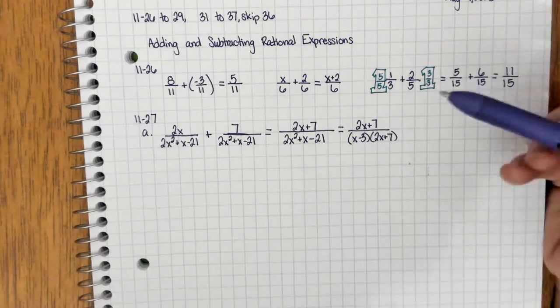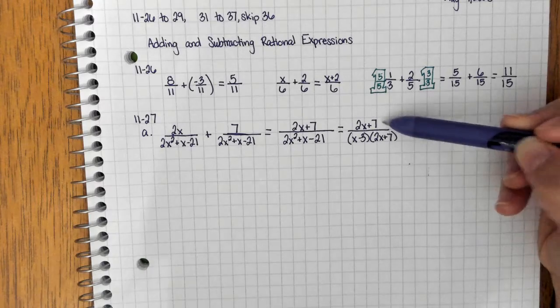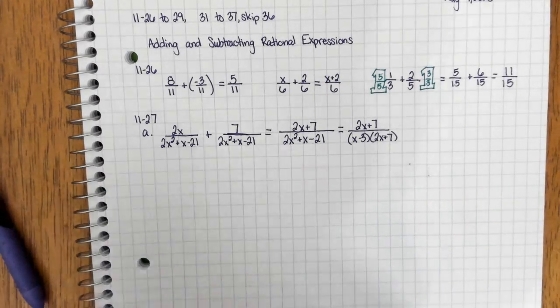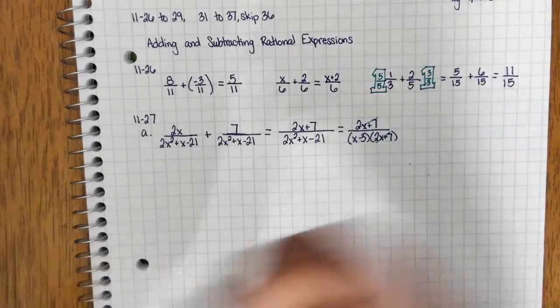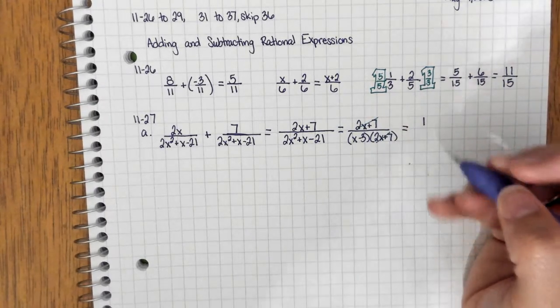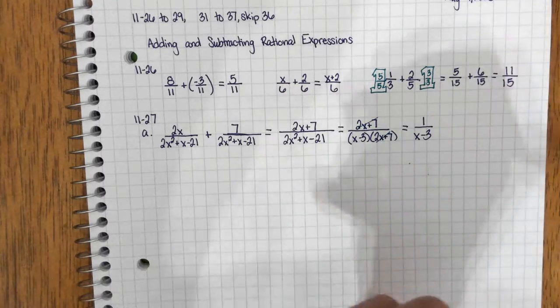A lot of these problems are going to have the same factor in the numerator and denominator, so you will be able to cancel them out. So those cancel out. Remember, you're left with a 1 on top. When these cancel out, it's really a big 1 over x minus 3.